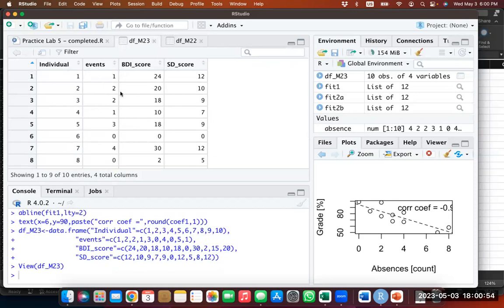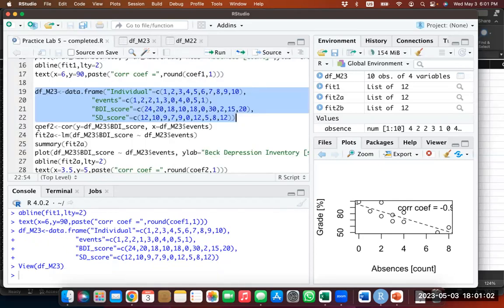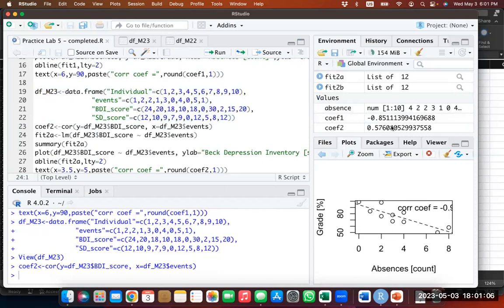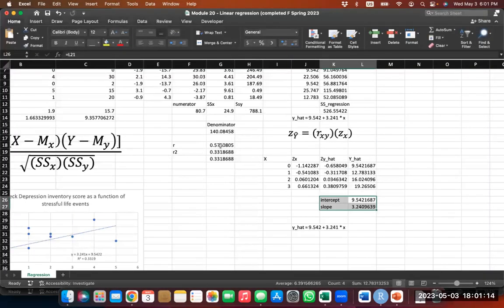It shows us the number of events, the Beck Depression score, and the sleep disturbance score that we will need for the multivariable regression. With cor, we're calculating the same correlation coefficient that we know already, that's 0.58. We've calculated this by hand in Excel. That's our 0.58.